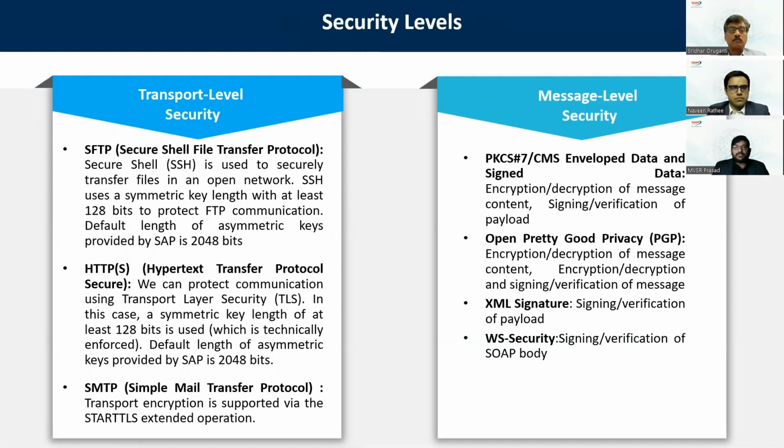It contains 128 bits to protect the FTP communication, which is the default security standard provided by SAP. SAP uses asymmetric keys of 2048 bits. That's why SFTP is more secure when it comes to Integration Suite communication.